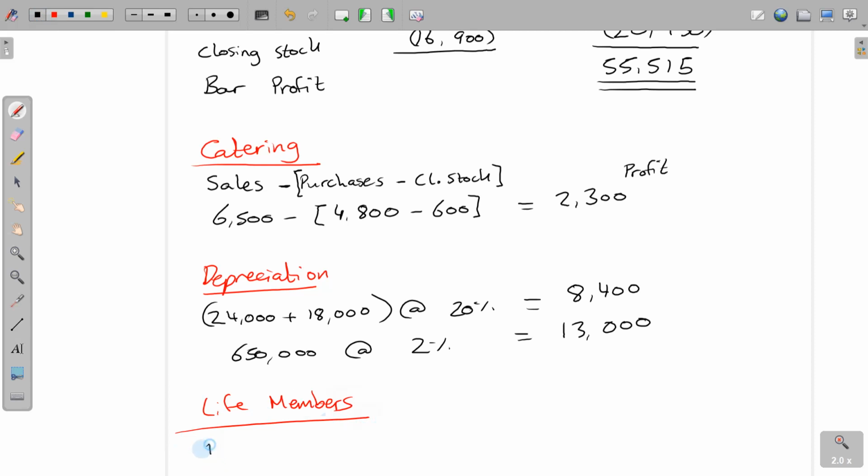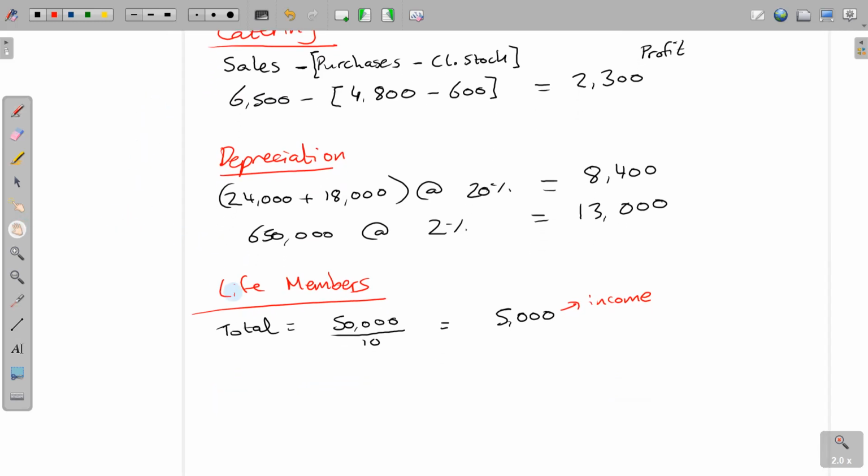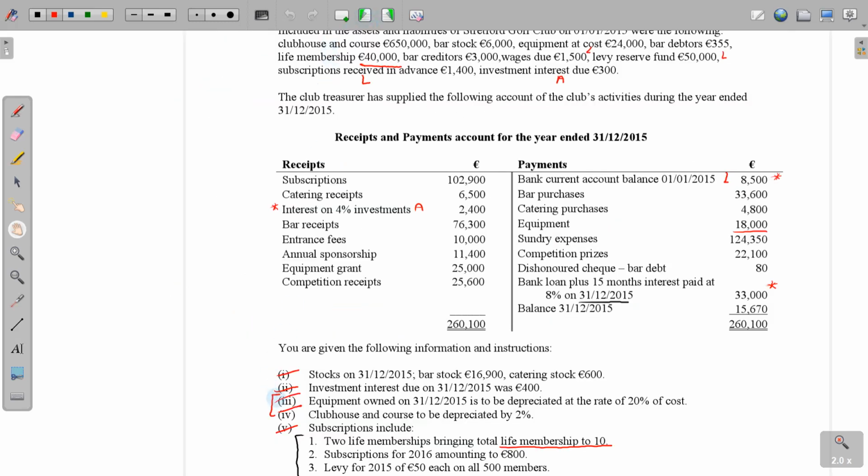So total 50k. We're writing them off over 10 years to our income, so 5,000 euro must go to income. And this is kind of always the case with these questions as well. This is a very standard adjustment that comes up. Now, that's that done.